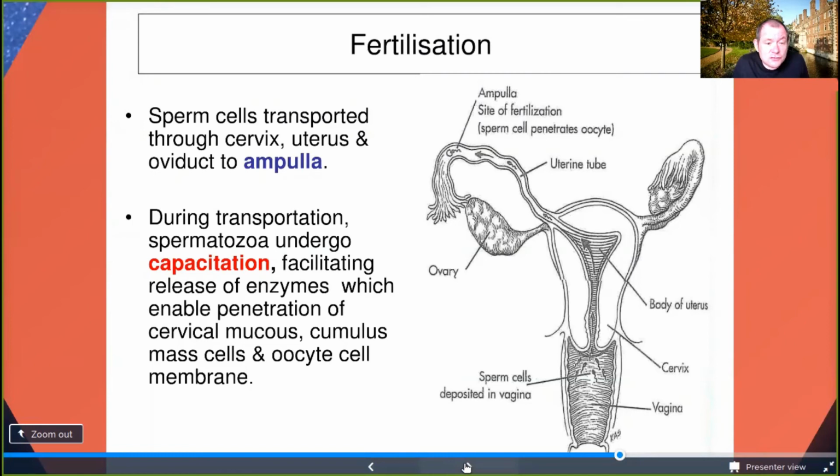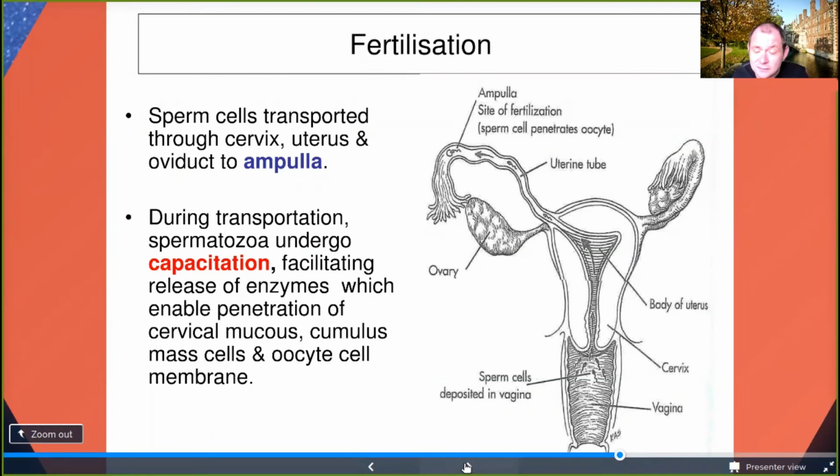This facilitates release of enzymes which enable the penetration of the cervical mucosa, meaning the sperm can penetrate the egg and deposit its nucleus within the egg so that the egg can become fertilized and you go from 23 chromosomes back to 46, and an egg can then develop into a fetus.